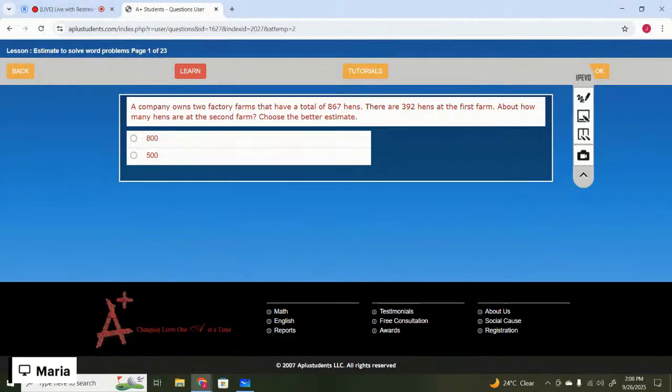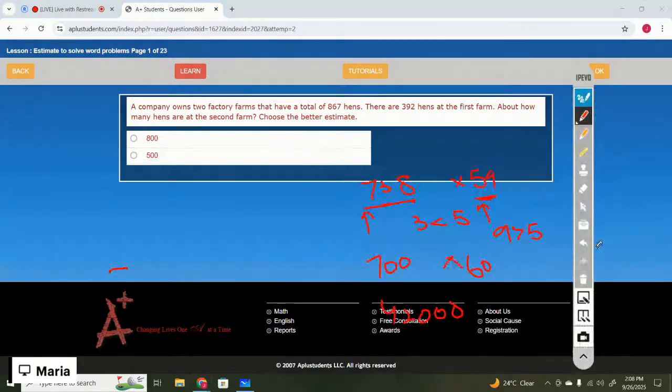About how many hens are at the second farm? Choose the better estimate. So we have 867, take away 392.